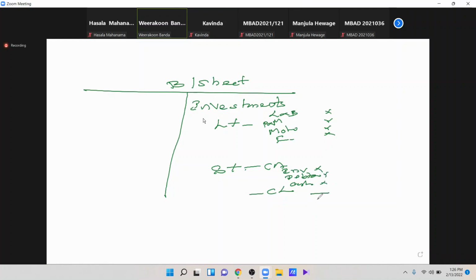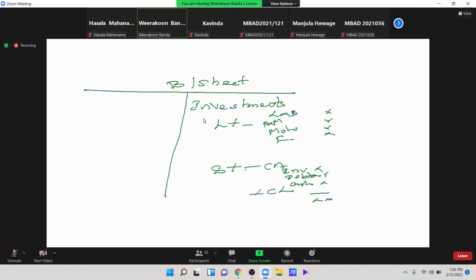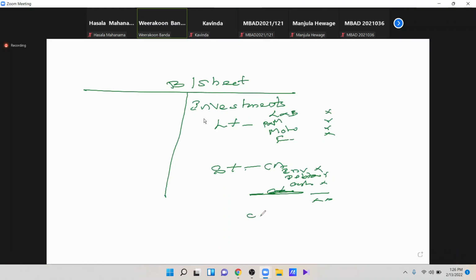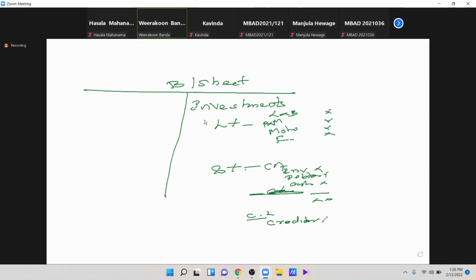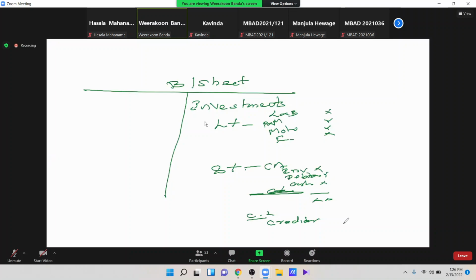From that, we observe what the different current liabilities items are: creditors, whom we have to pay, as well as other liabilities, accruals, and payable items.